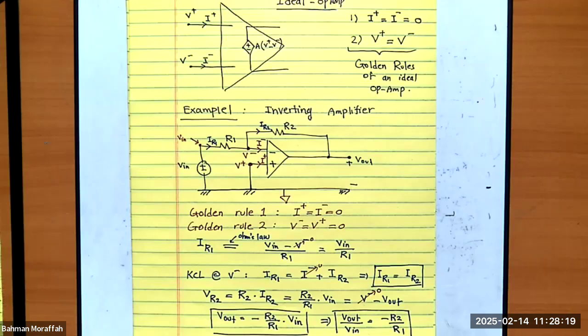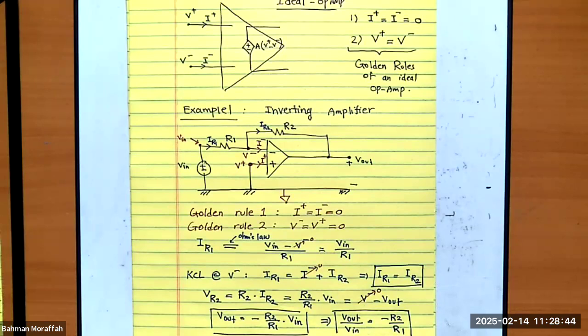If R1 is much bigger, it means my output is roughly 0, despite the fact that the input could be anything, right? But the whole idea is that since I have this negative sign, it inverts whatever sign the input has, right?